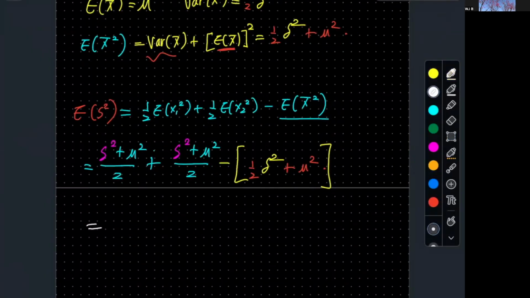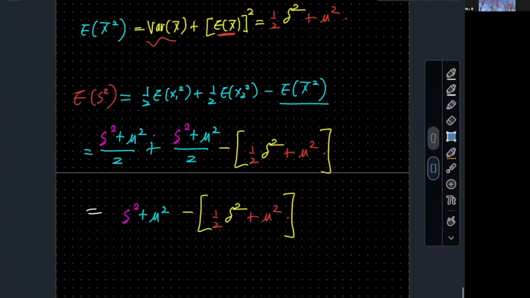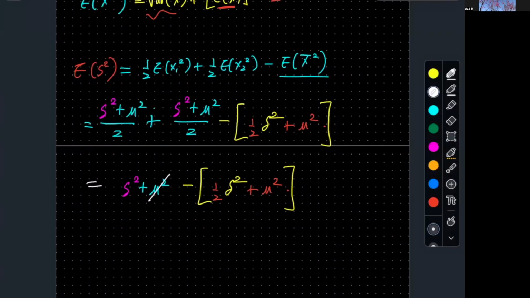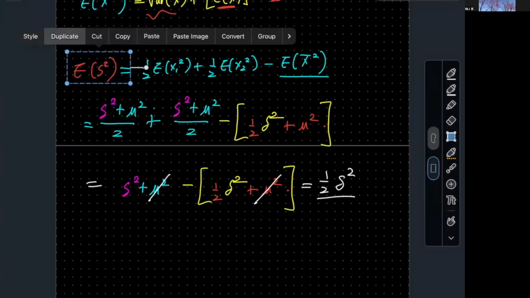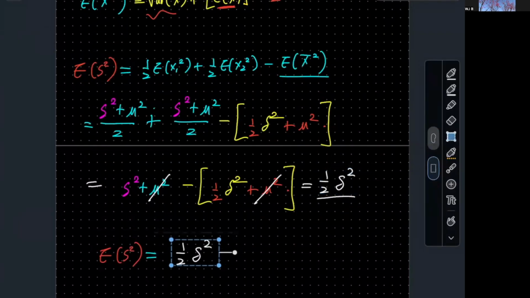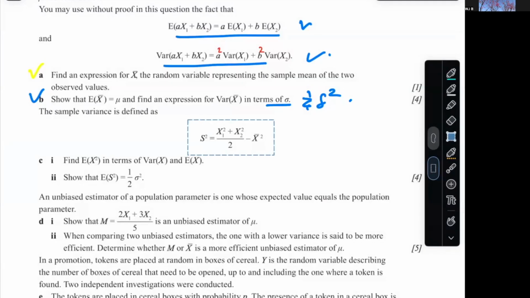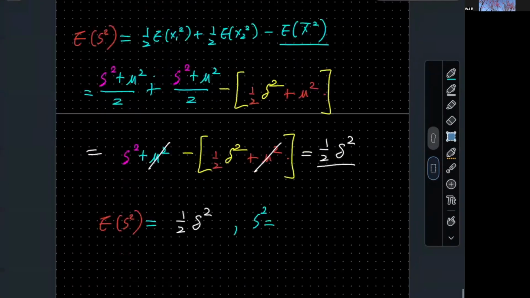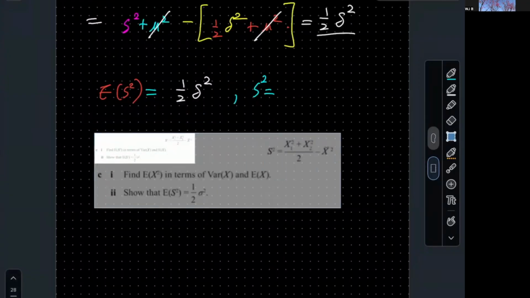So if I try to simplify further, well, it got doubled, so it's the same, but you're just subtracting these two, where mu squared is going to cancel out, but then the variance will be halved. And that is going to be E of S squared in this case, where S squared was defined as, in the question, like this. Oh, sure, very good. We did derive the sigma squared over 2. That is absolutely great.